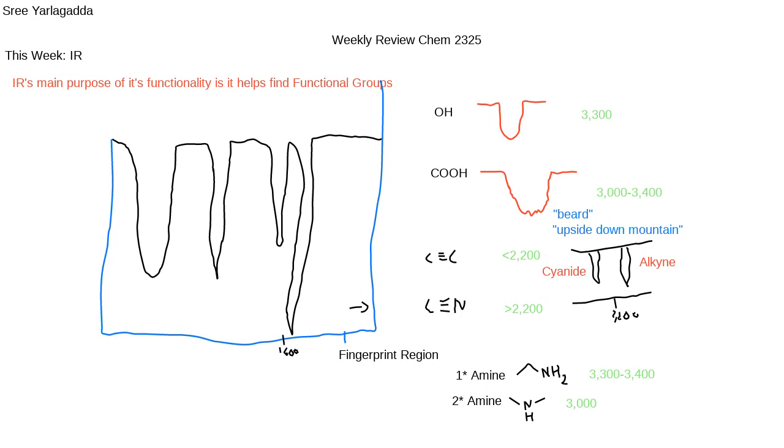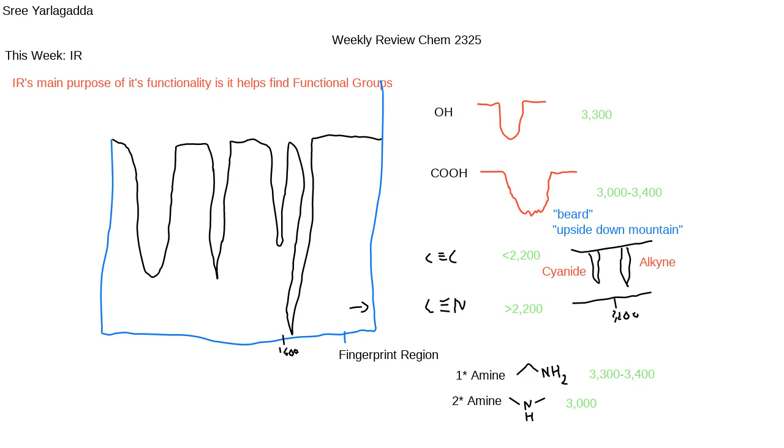Okay, but the number again is not important for this group. Same for this group. The shape is important for this group. The number and location relative to 2200 is important for this group. But here, you have to look at how many peaks on the graph it has.